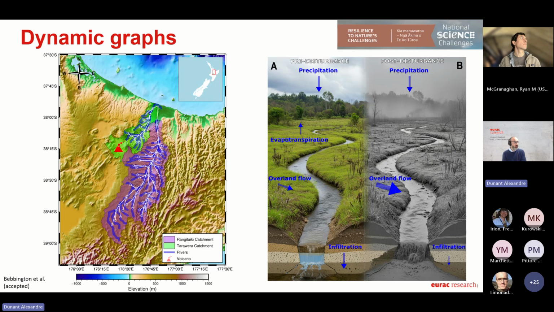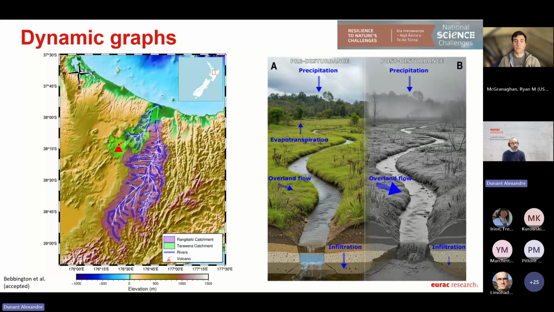So recently we have been looking also in New Zealand at a model using a graphical model, but to make it dynamic, because at the moment what we have is very sudden bursts of events along the network, which is very much instantaneous or semi-instantaneous. In this case, we really want to see the long-term evolution, over years, of a precipitation model with volcanic eruptions, because volcanic eruption has a direct impact on the hydrology.